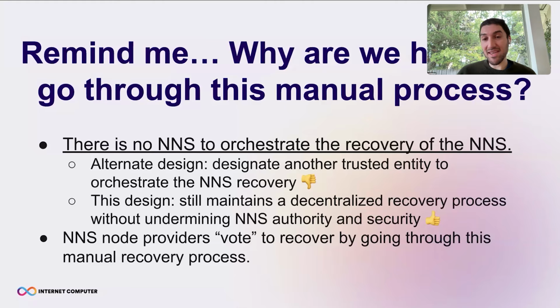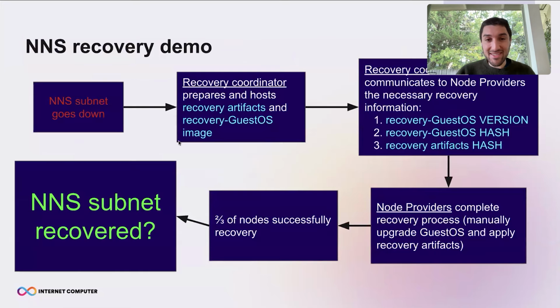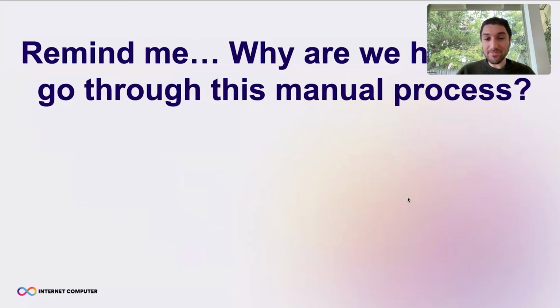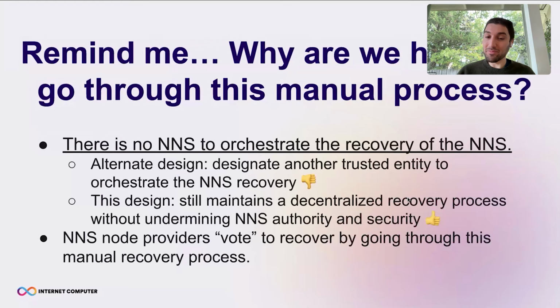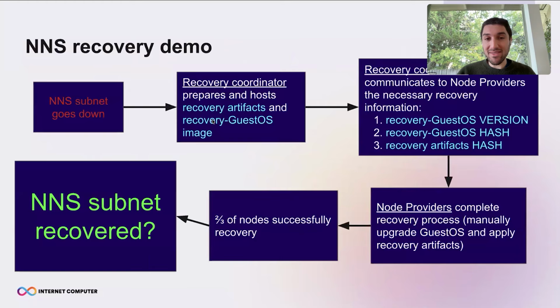Anyone can say, hey, we should do a recovery. I have these recovery artifacts. Everyone, all the NNS node providers should go through this process. But the node providers should ask themselves, and we have guardrails in place, so they do ask themselves this: is the NNS down? Who is this recovery coordinator? Do they have any authority in the community? Are these recovery artifacts and the recovery guest OS image publicly verifiable?